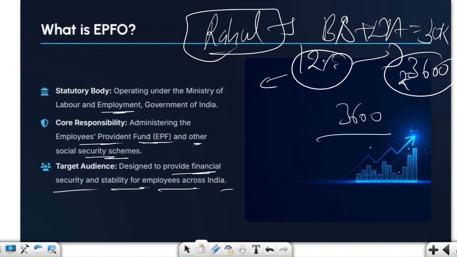So the employer's 3,600 is divided: 8.33% will go towards what? EPS, and the remaining amount will go towards EPF. Out of 3,600, EPS, that is the pension fund, will have 8.33%, and the balance will go towards the EPF. This is one of the most important concepts that you are going to study.